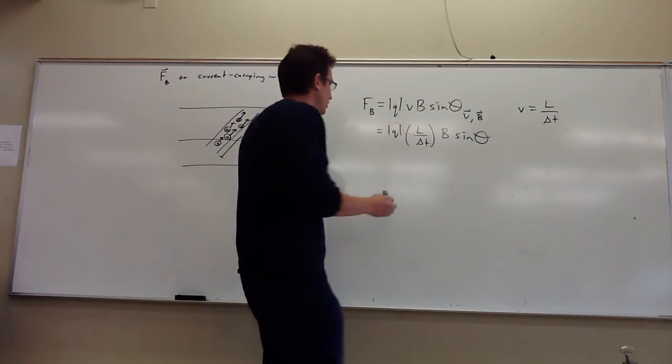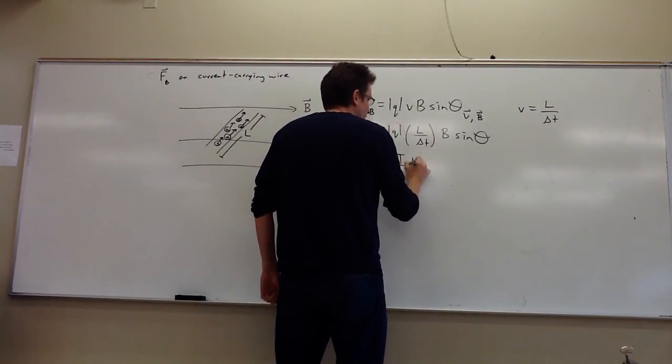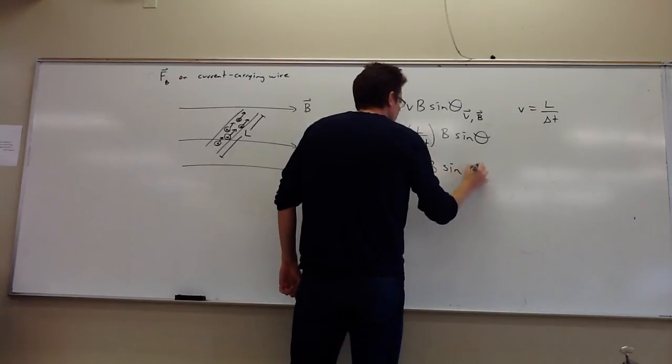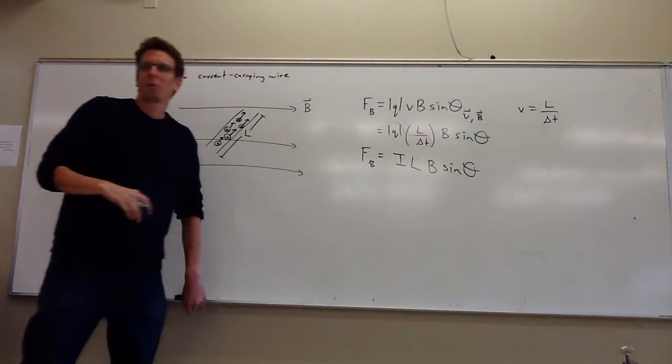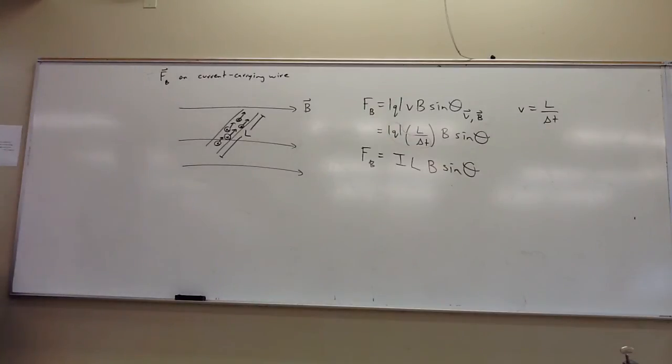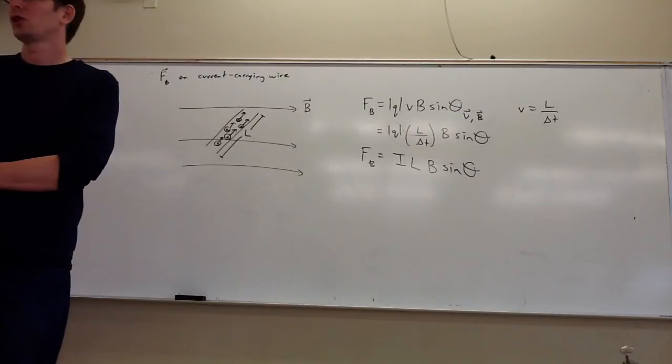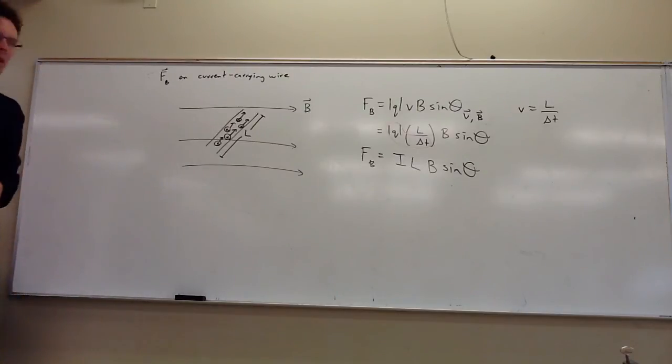Amps. It's current. It's the electrical current in the wire. So just like that, we have a formula that doesn't require us to get down to the individual charge carrier level. We just have the total current in the wire, the length of the wire segment, the field that it's in, and the sine of the angle between them.